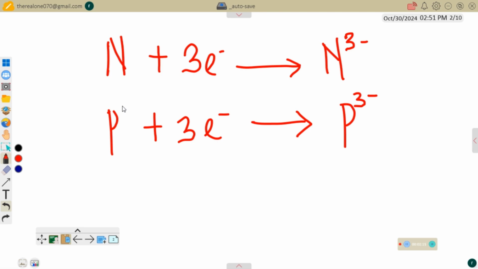So nitrogen can gain 3 to become the nitride ion, N3 minus. The same thing with phosphorus, it can also gain 3 electrons to become the phosphide ion, P3 minus. And we can follow this pattern to write the ionic equations of other non-metals too.